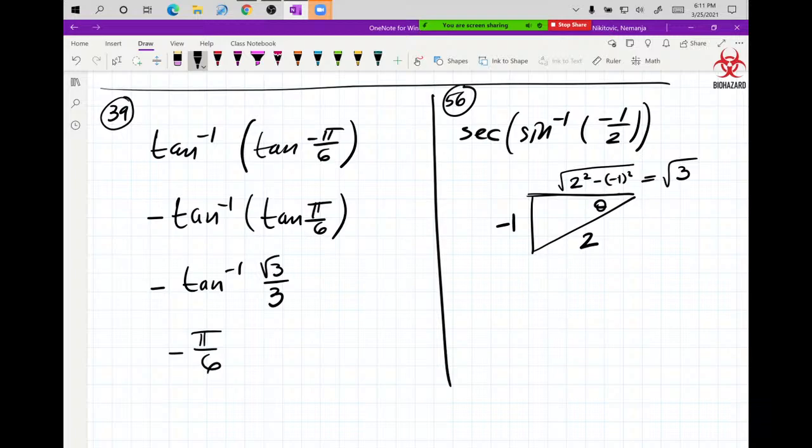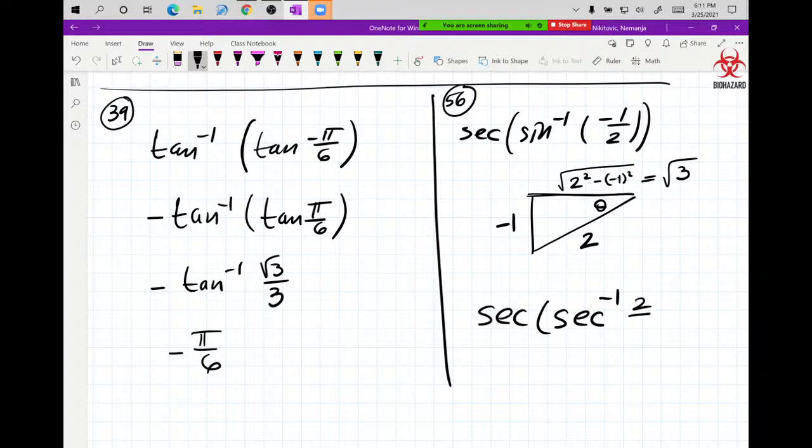what's the secant? Secant is 1 over cosine, right? So you want to write inverse secant here. And all you need to do is to look at the sides in the triangle. And the secant is hypotenuse over adjacent.